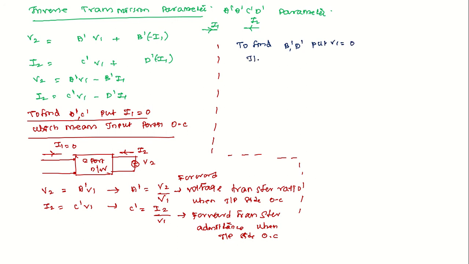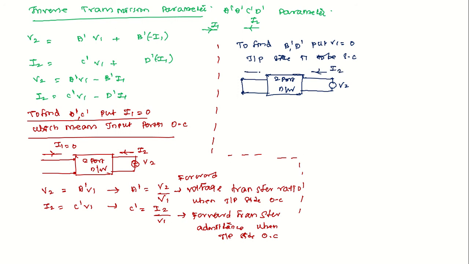That means the input side is to be short circuited. In this two port network, the input side will be short circuited, whereas at the output you will have the voltage v2 and the current i2, and the current flowing at the input is i1.